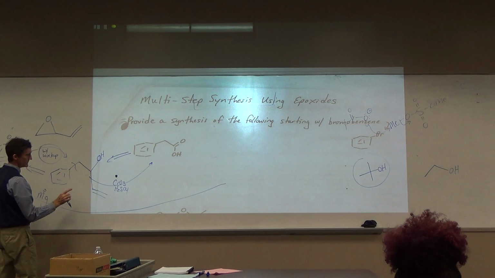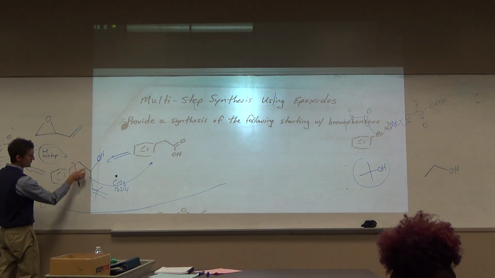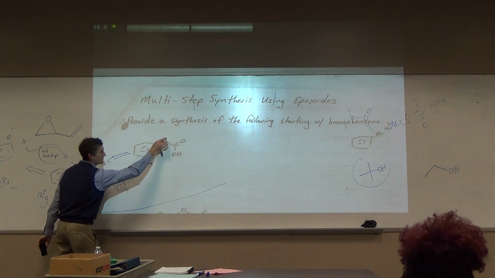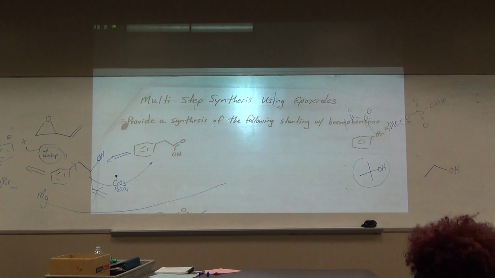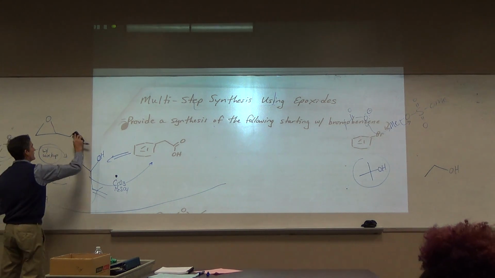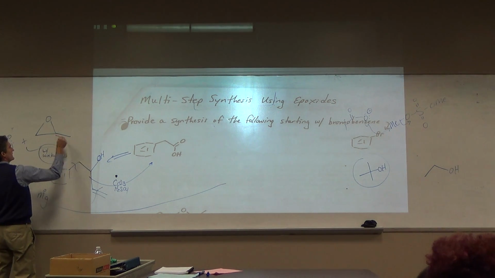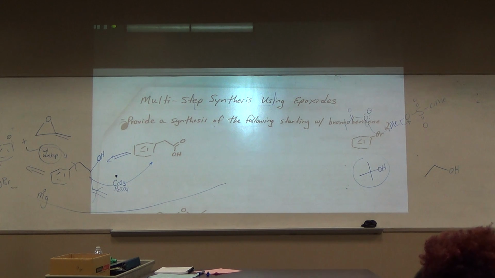You also have too many carbons here, because if you cleave this, you're going to have 1, 2, 3 coming off the side chain. We only want 2 carbons coming off the side chain. So you really maybe want the alkene here. But that would be resonance stabilized. Just not needed. Now, you could do whatever you want as long as it works.